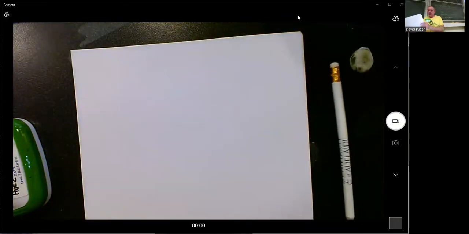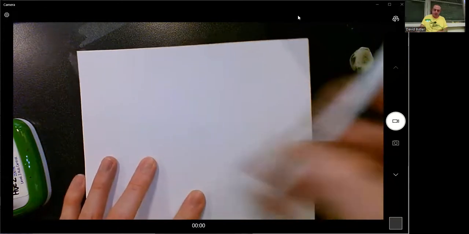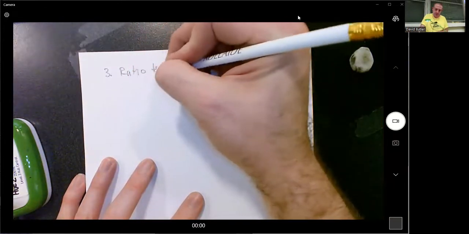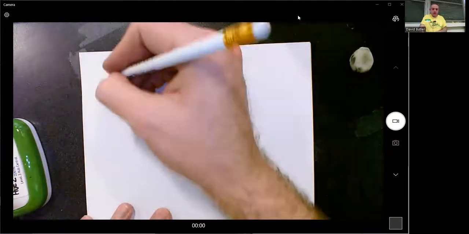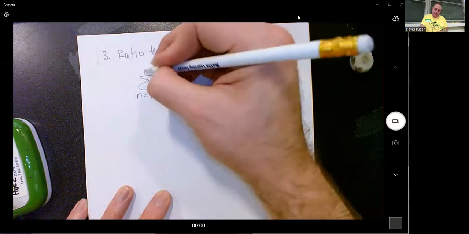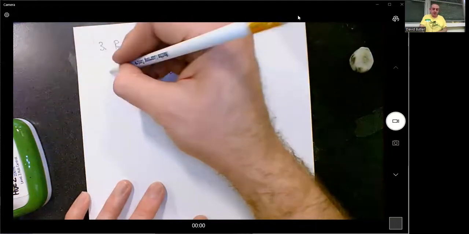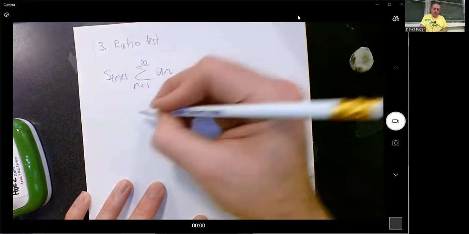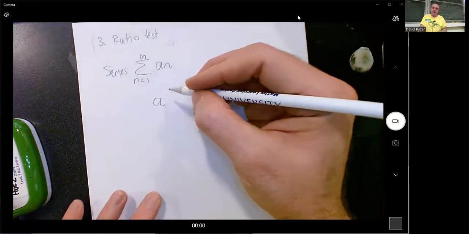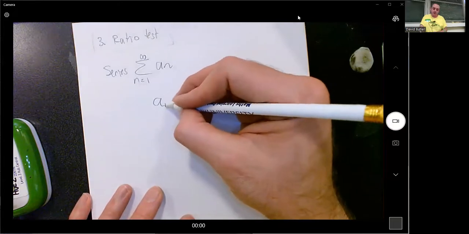So the ratio test is the last one. And the ratio test goes like this. If you have this, then what you do is you do each term divided by the one before it.